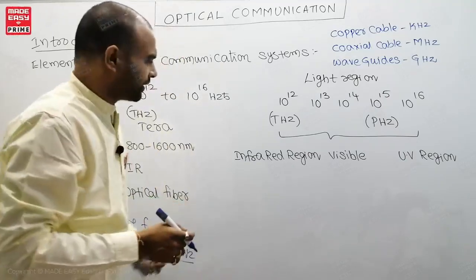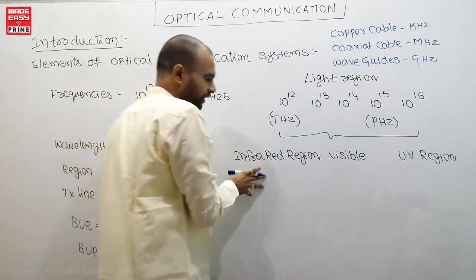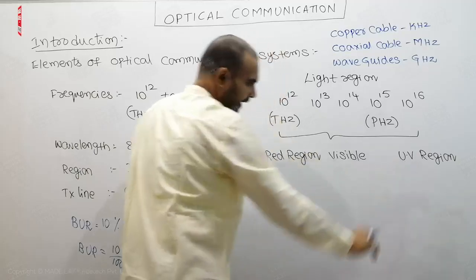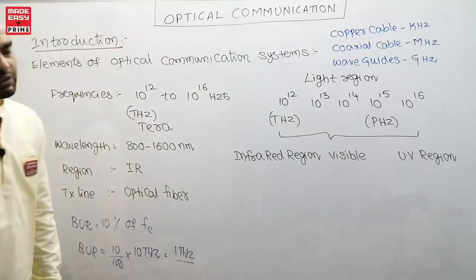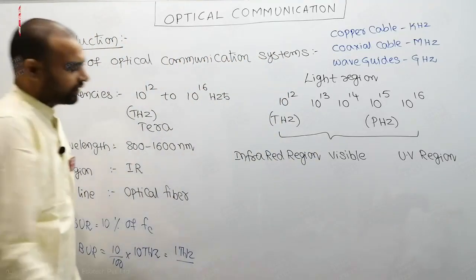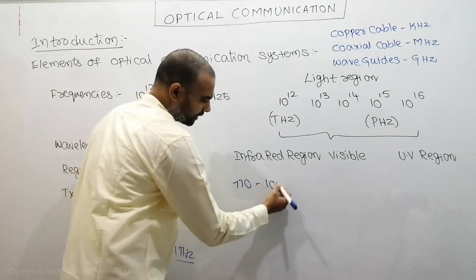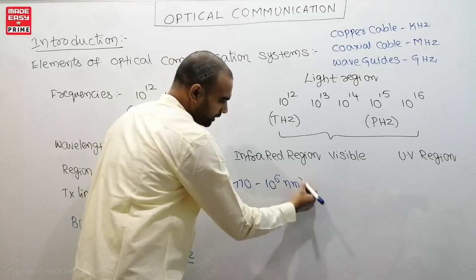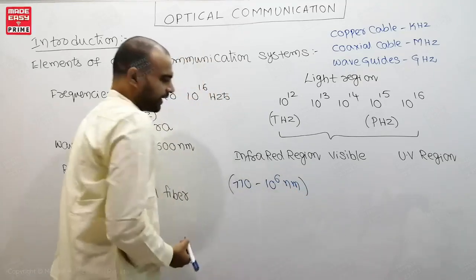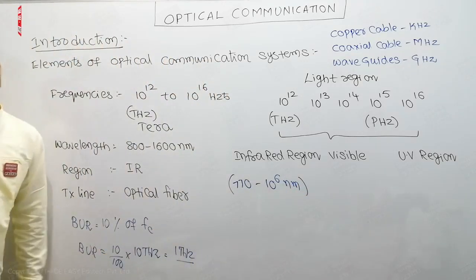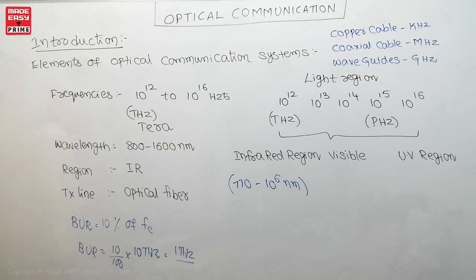So I want to tell you the wavelengths for the infrared region, visible region, and UV region. For the infrared region, the operating wavelength is 770 nanometers to 10 to the power of 6 nanometers.